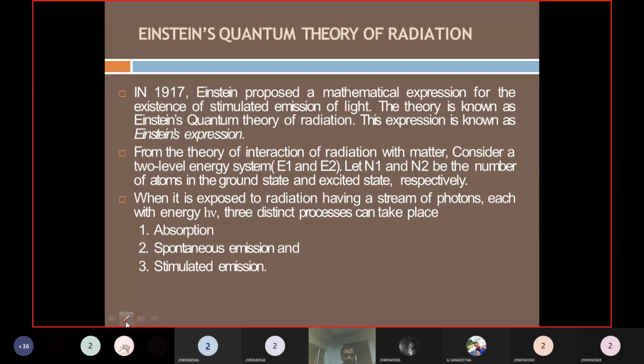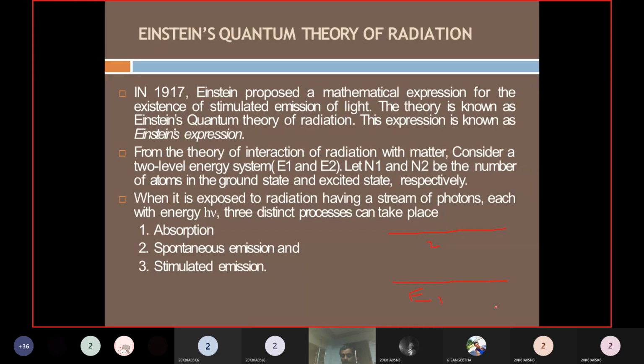One is the E1 energy level, and the next one is the E2 energy level.